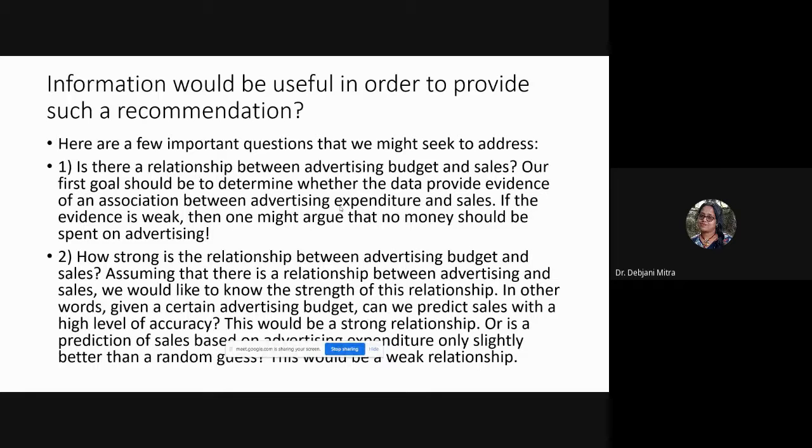So naturally, for the association, we find the correlation. Correlation between the variables is the first step. That's why this is question number one. Second is, how strong is the relationship between advertising budget and sales? How strong means the R and R square.